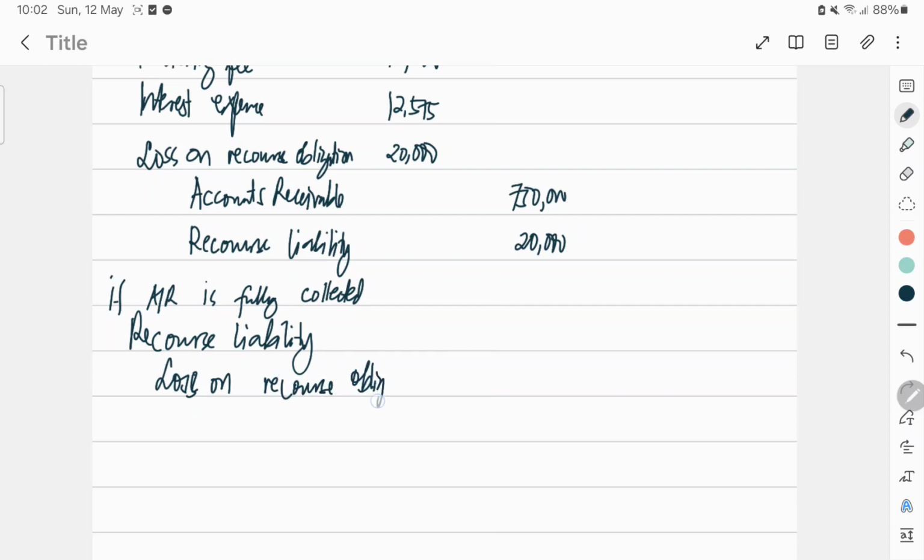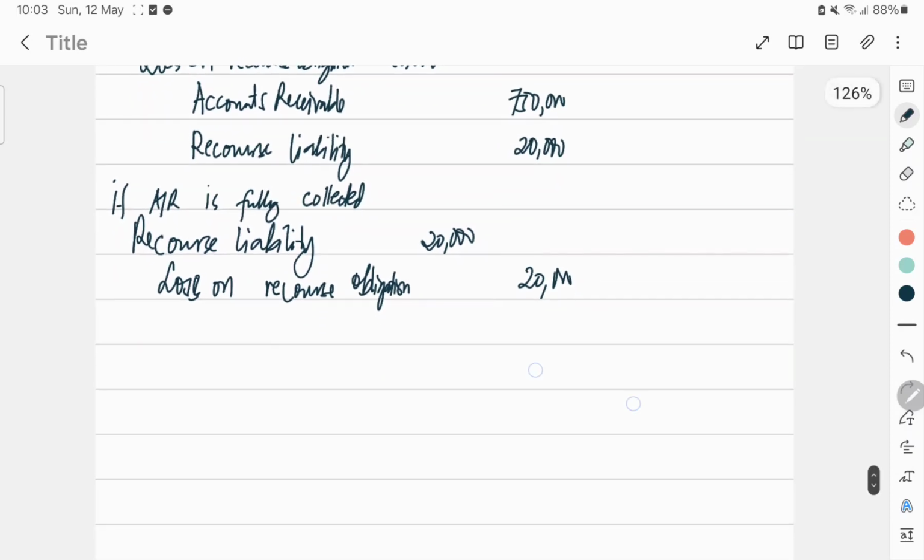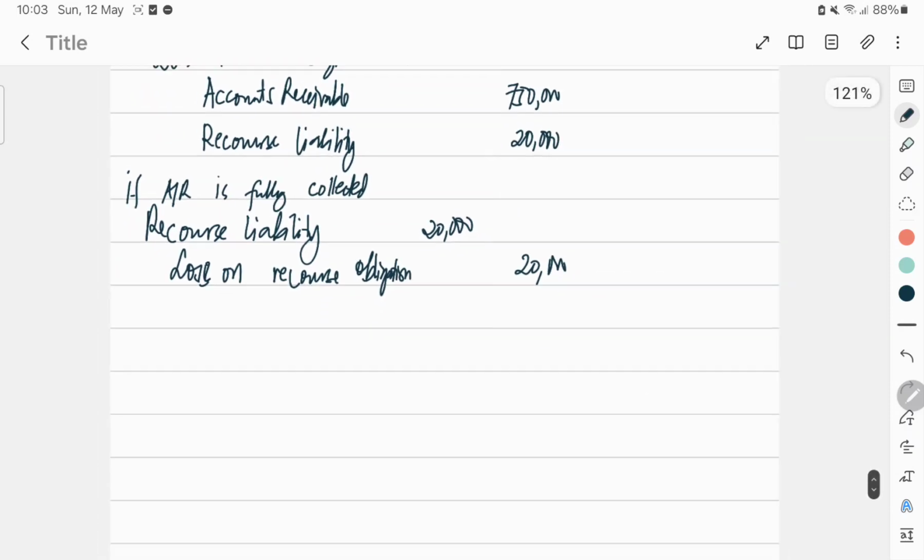Take note, this happens in the same year. That is amounting to 20,000. This one is also 20,000. And if ever walang returns, then we will also have another entry for the collection. So debit cash. Then we credit due from factor. Amounting to 30,000.